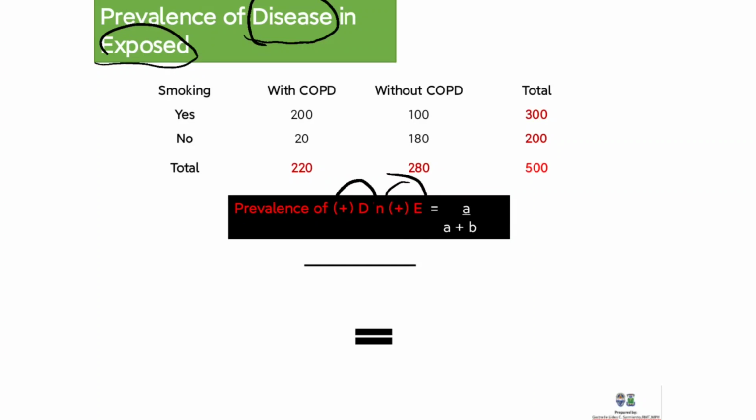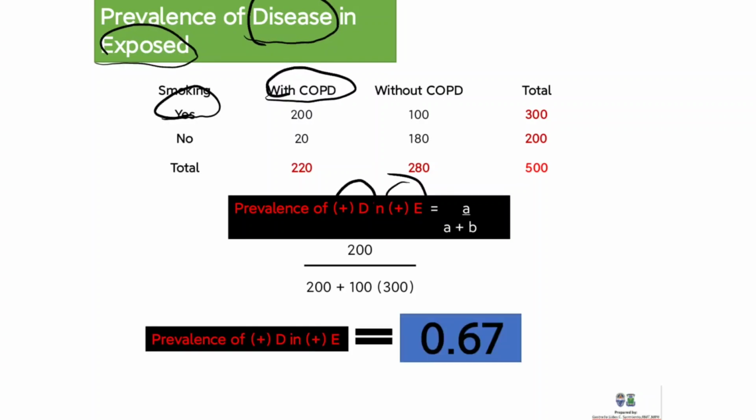Okay, so ibig sabihin dito tsaka dito. So, A over A plus B. So, paano kaya yun? 200 over 200 plus 100, which is the 300, is equal to 0.67. So, dun pa lang, meron ka nang nakuhang na-answer dun sa prevalence of disease in exposed.